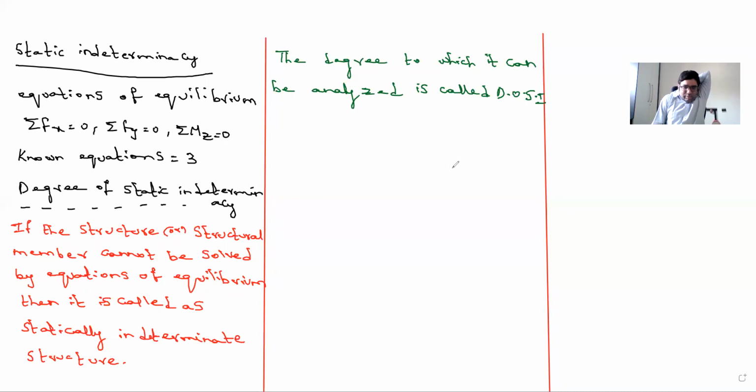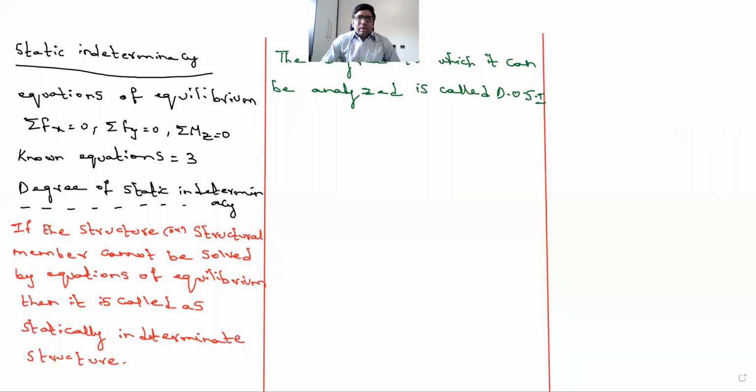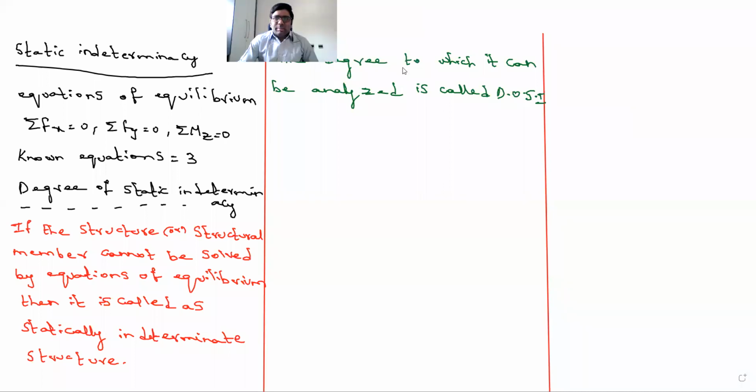That's one simple answer to start with. So this is our basic understanding of the subject. Now let us try to take some examples associated with this. We know what is a statically indeterminate structure, and we know what is degree of static indeterminacy.